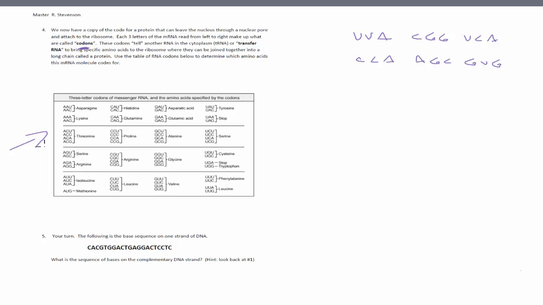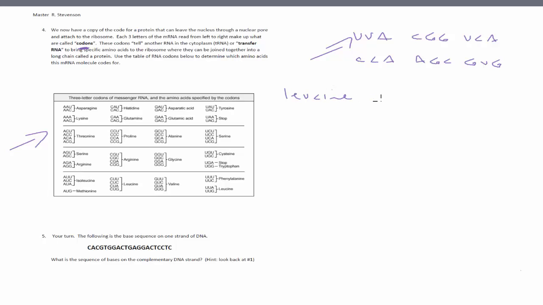You're not supposed to memorize it. As long as you've got these codons, you can just look at UUA, find UUA in the chart, and you should be able to find it. Let's find UUA on the chart. Okay, I'm looking, are you looking? Yeah. UUA, down here, leucine. So we know the first amino acid in this protein is leucine.